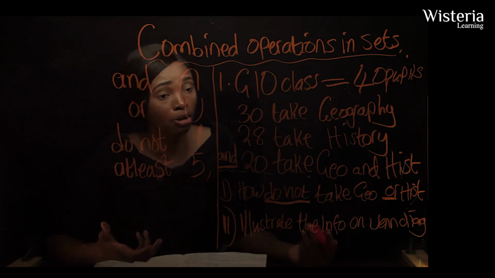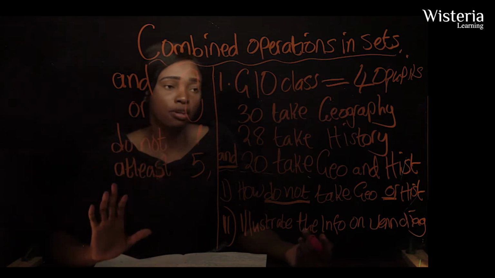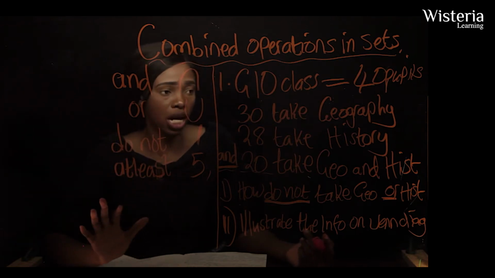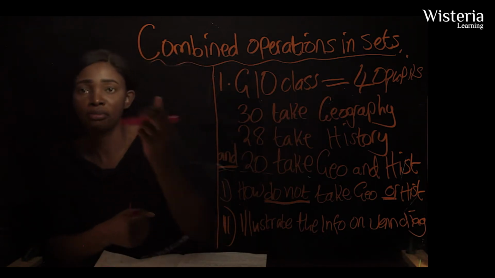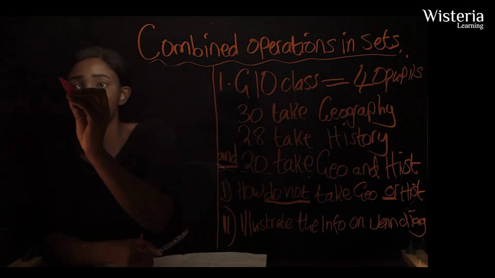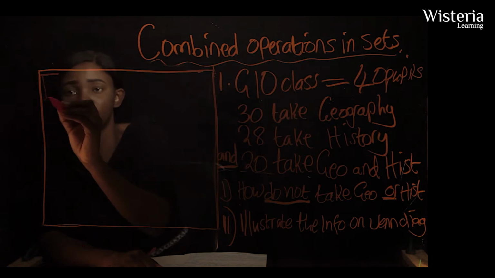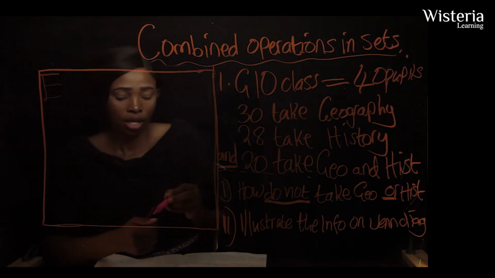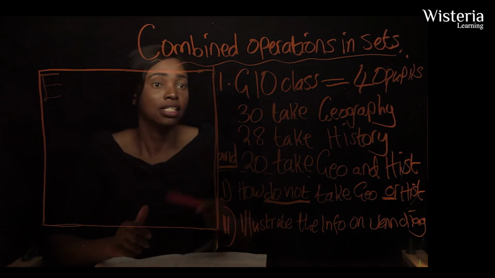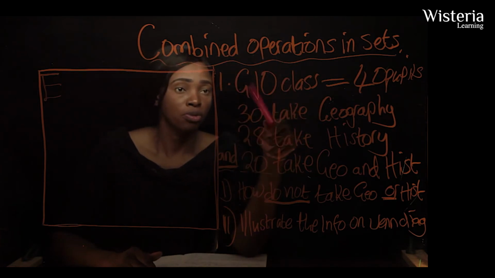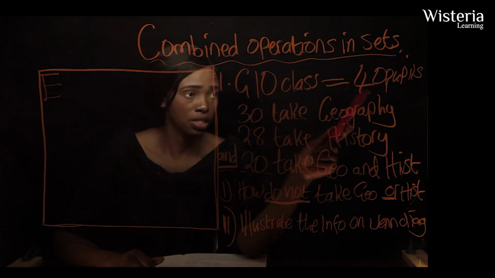Therefore, we're going now to illustrate this information on a Venn diagram. We're going to draw our Venn diagram here and show the universal set. Remember, we've been given that the total number of pupils in the grade 10 class is 40.